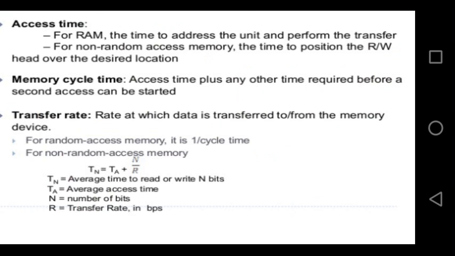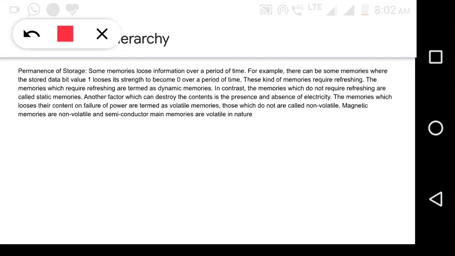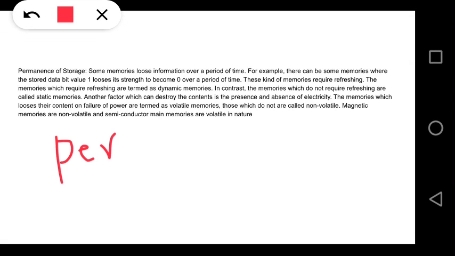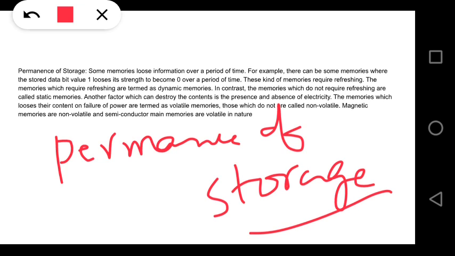Next, another important characteristic is permanence of storage. Some memories lose information over a period of time. You should also remember the important characteristic of volatility.